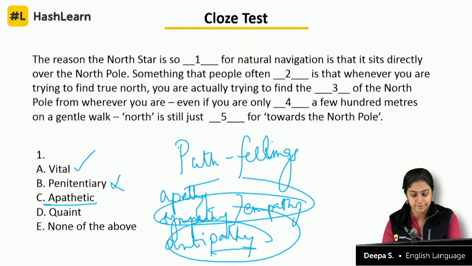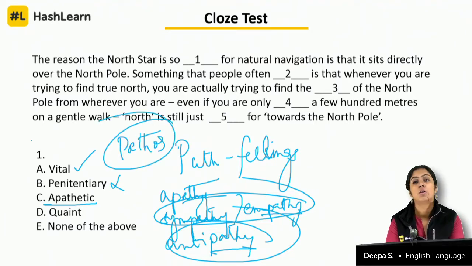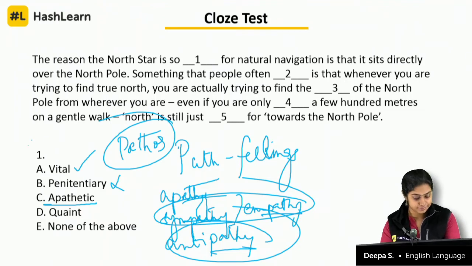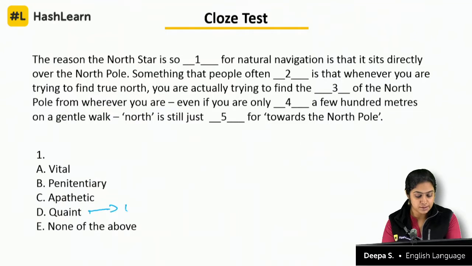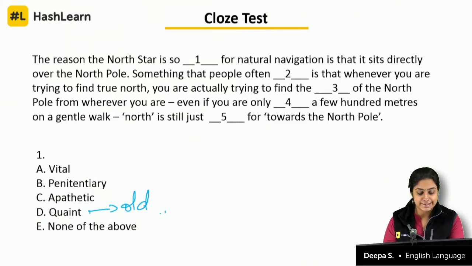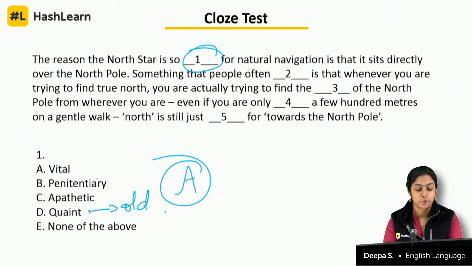Path is the root word. Pathos, that's the root word actually. Then quaint means old. So we realize that A is the answer for option 1.